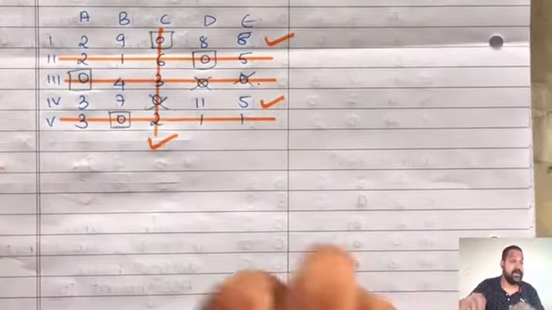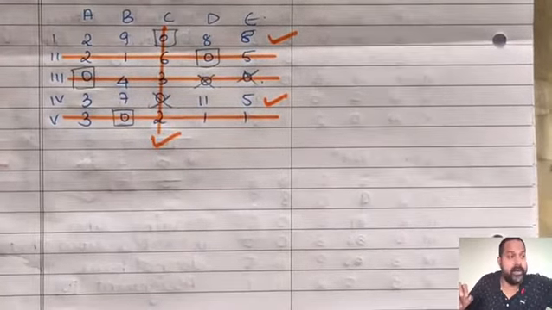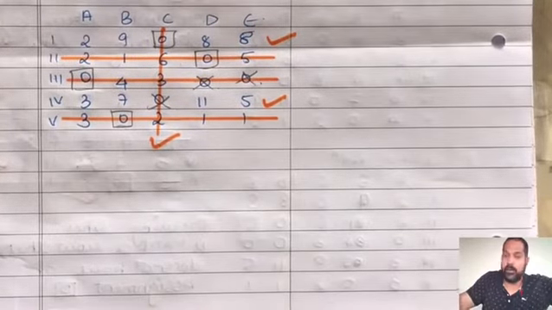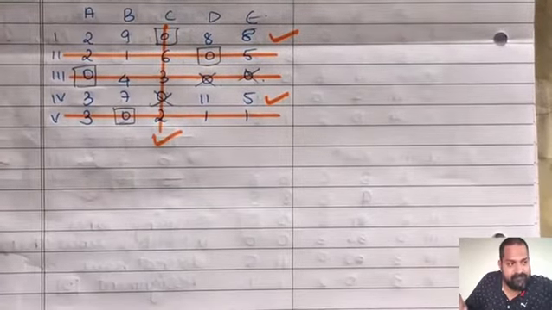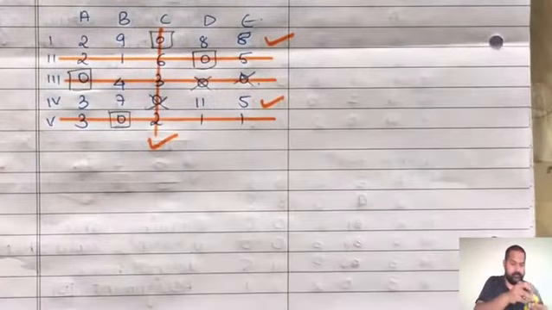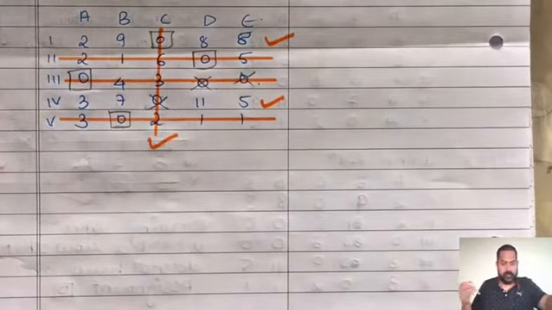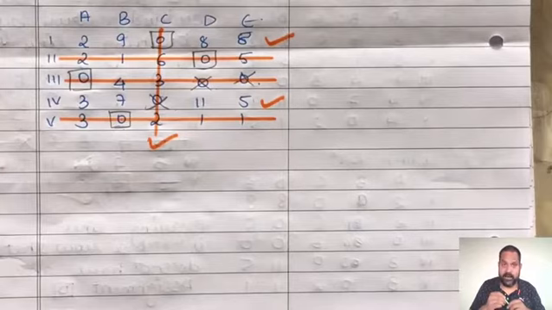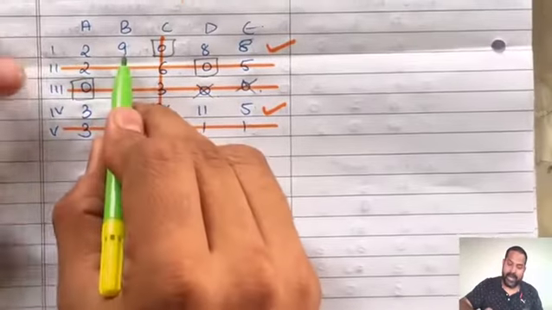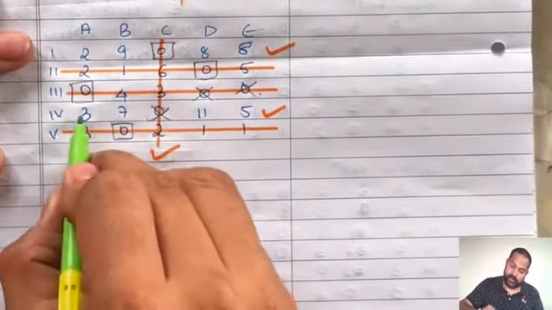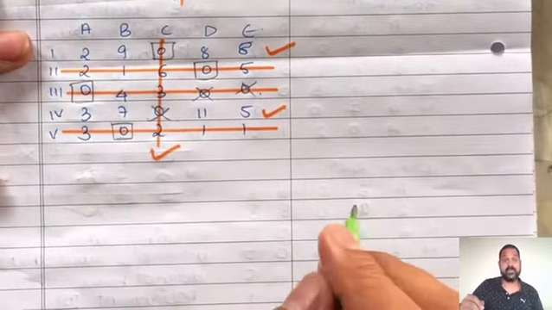Choose the smallest from the uncovered. So the uncovered elements are 2, 9, 8, 8, 3, 7, 11, 5. What is the smallest?